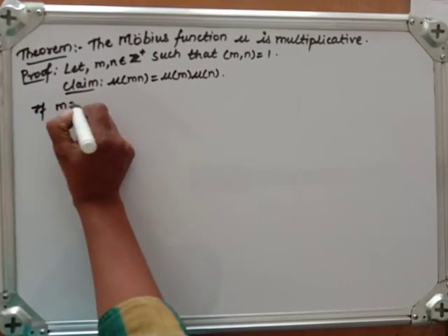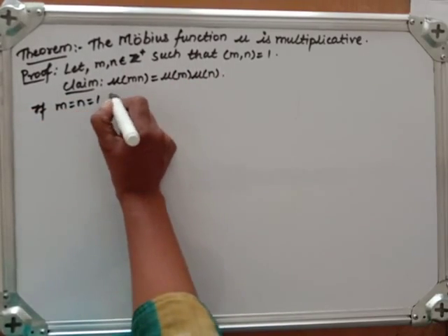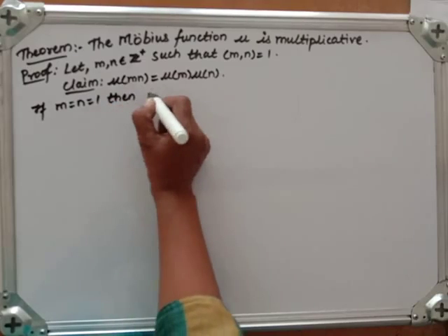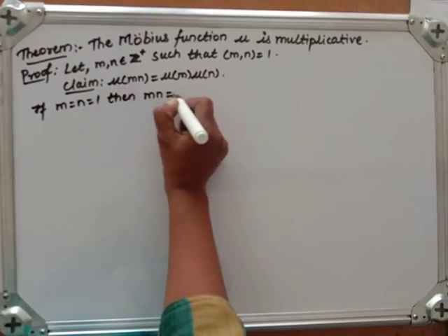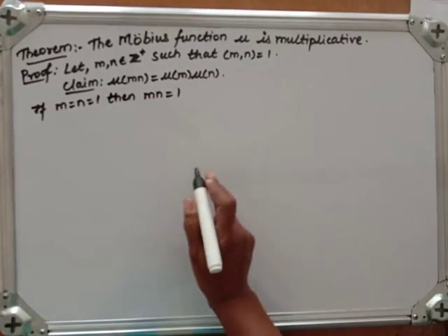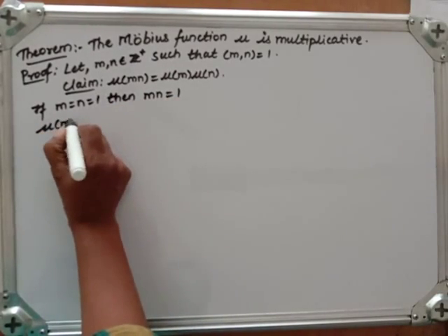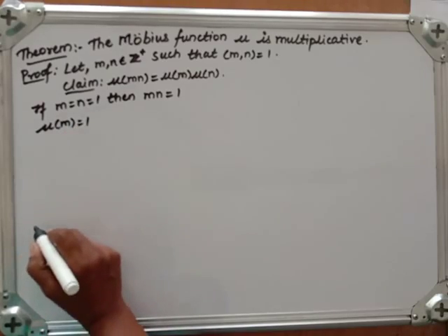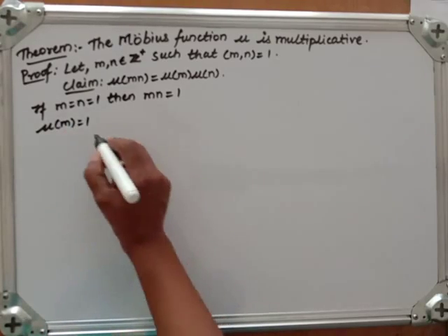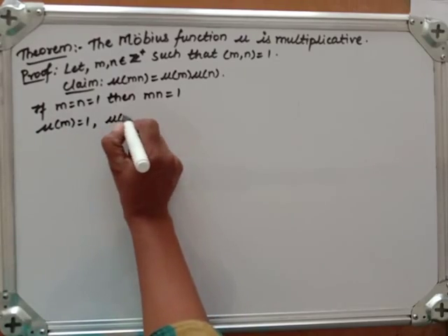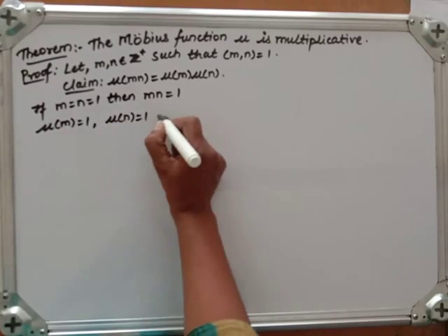If m equal to n equal to 1, then mn is 1. If mn is 1, then look at here, what is the mu of m? Mu of m is also 1 from the definition, fine. And mu of n is also 1 there.